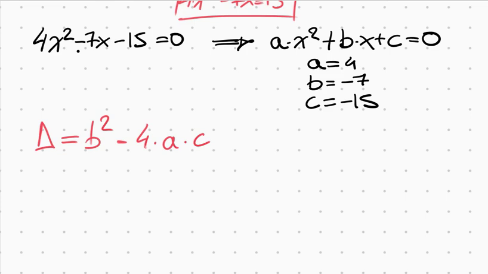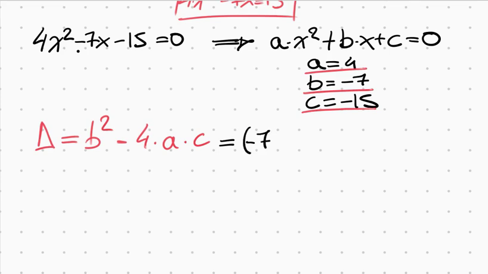Don't let the letters scare you. What you do is take b corresponding to minus 7, a corresponding to 4, and c corresponding to minus 15. And if the equation was different, you would take the different numbers you have, and you will just replace them in the formula that you have just obtained.